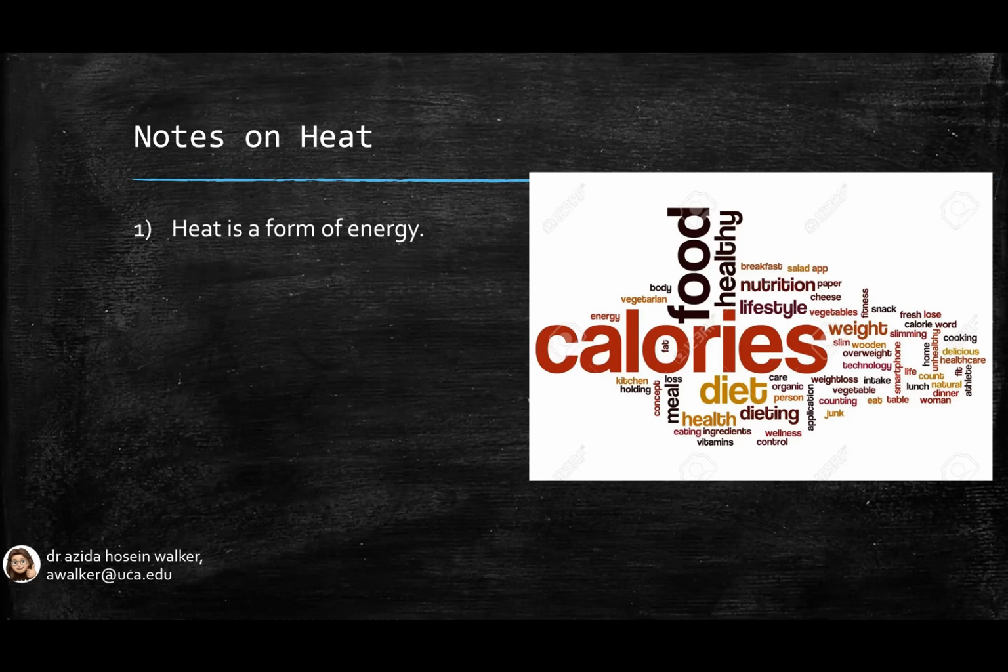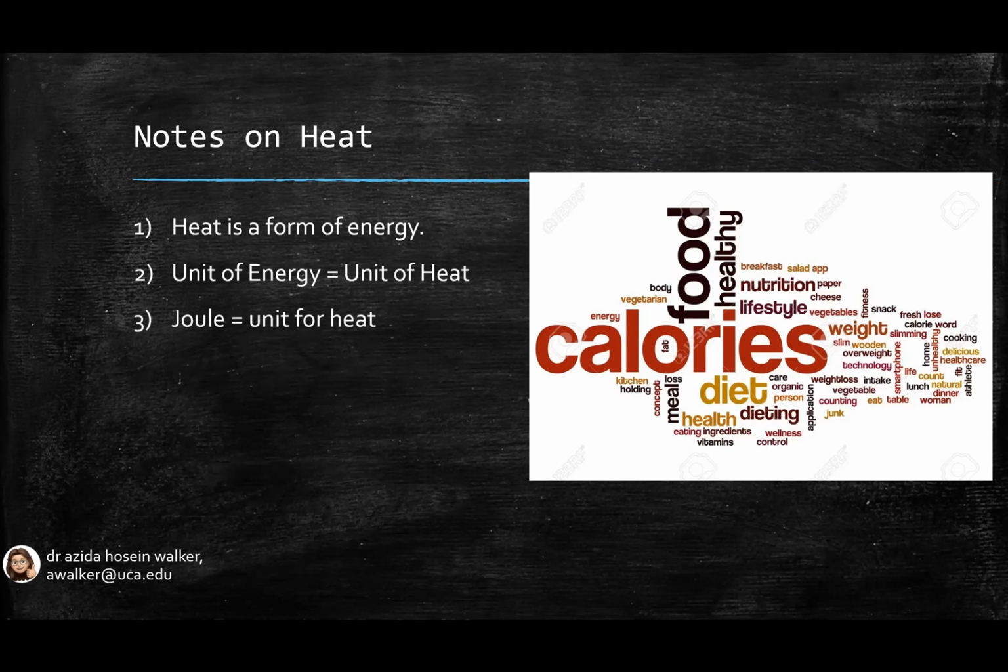Let's make some notes on heat. Heat is a form of energy. And so because of that, the unit of energy is also applicable to the unit of heat. We use that unit of energy as joules. So a joule is also a unit for heat. But here I want to bring us to a new type of unit for heat, and that's called a calorie.